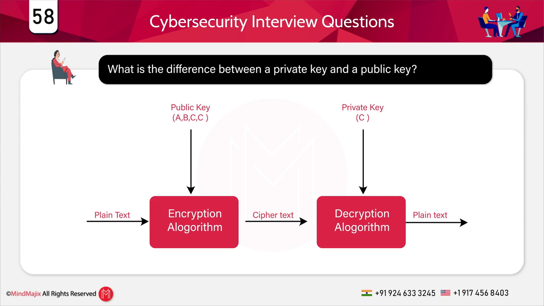While a public key is something that is distributed widely to everyone so that they may decrypt the data we want to share with them. In order to encrypt anything, my private key would be used, and in order to decrypt it, that public key would be used. And if someone has to send me something, it would be encrypted by that public key, and it would be decrypted by my device by using my private key.